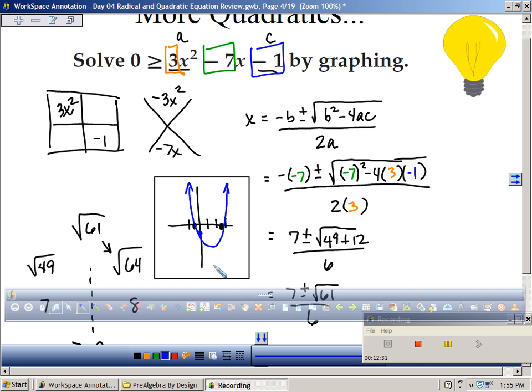Yes, sir? So how would you find the rate of the curve? Well, I would use, you mean the vertex? I would use negative b over 2a. Find my axis of symmetry, and then plug that in to the original equation, and I would get my vertex, just like we did last week.